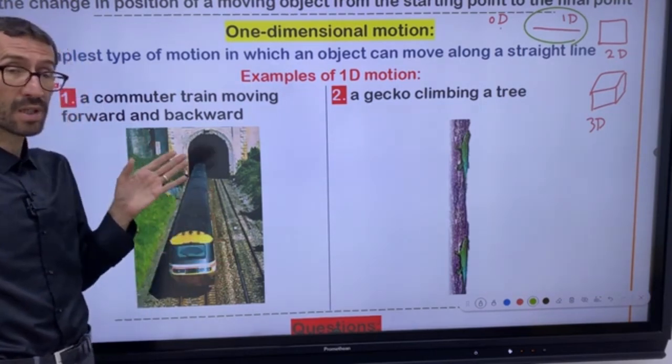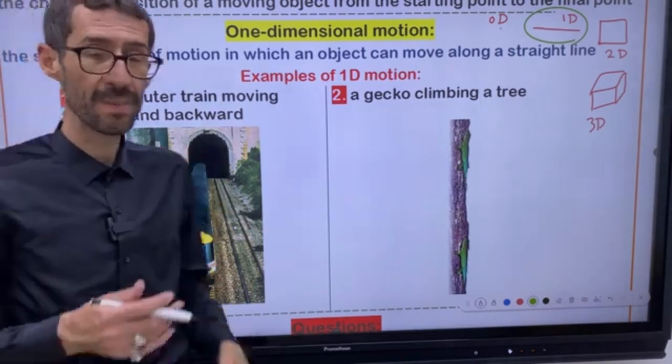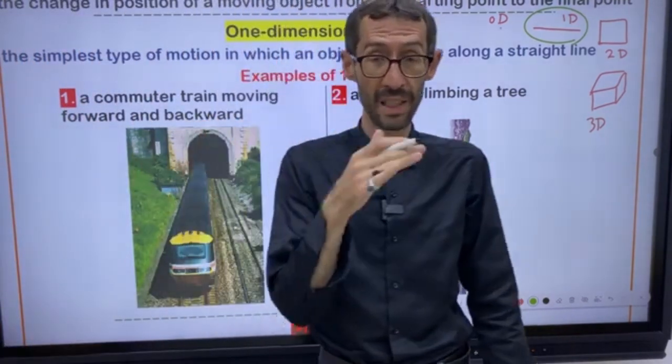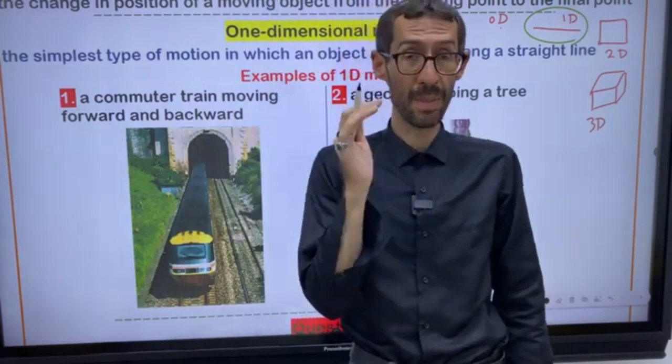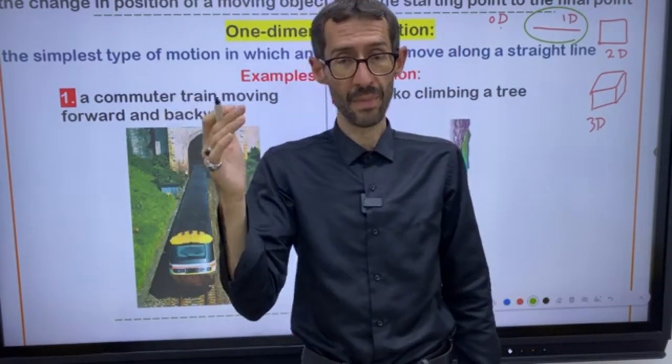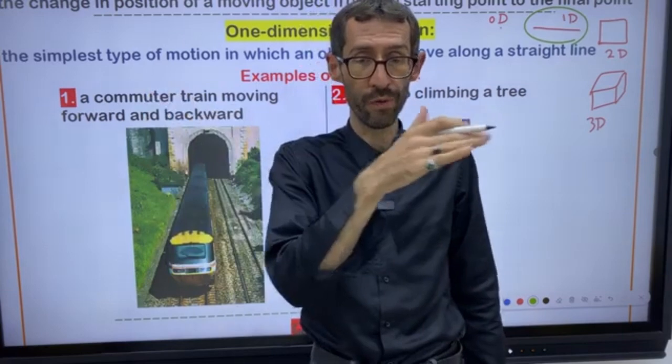So a commuter train means any train that moves back and forth only in one dimension, forward and backward.